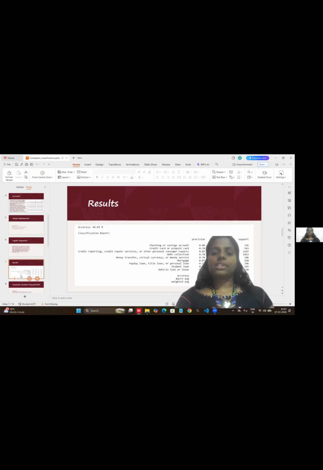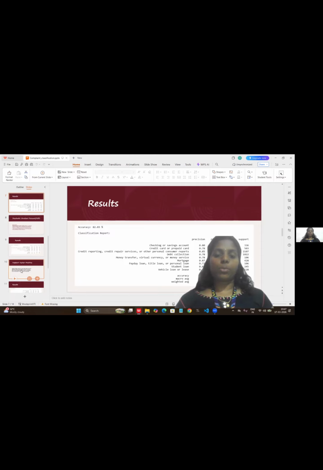Because of its simplicity and good accuracy, logistic regression is widely used in many real-world applications such as spam detection, sentiment analysis, and document classification. In our project, it served as a strong baseline model for complaint classification.